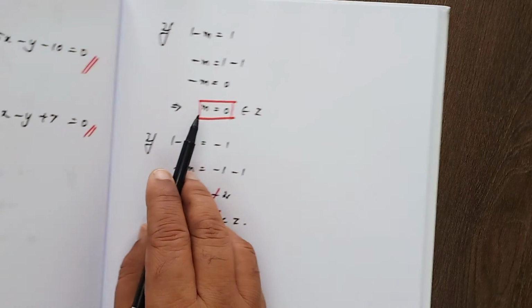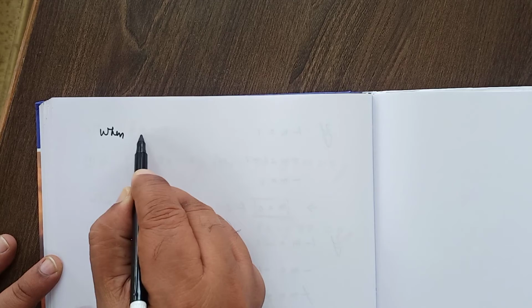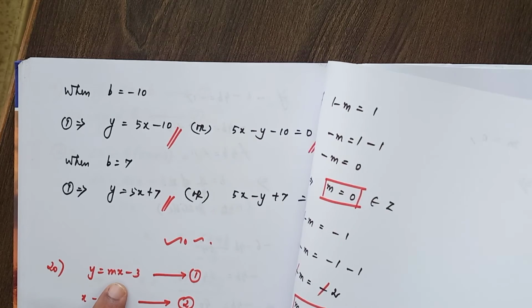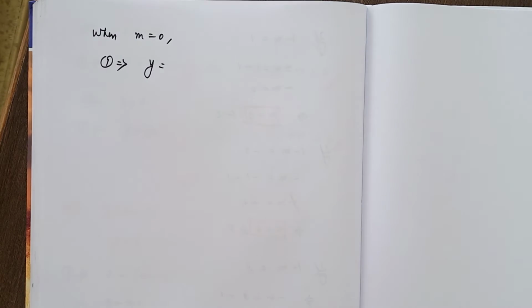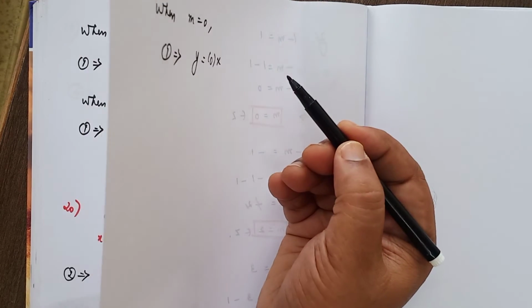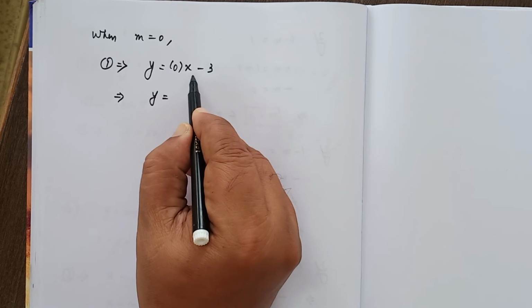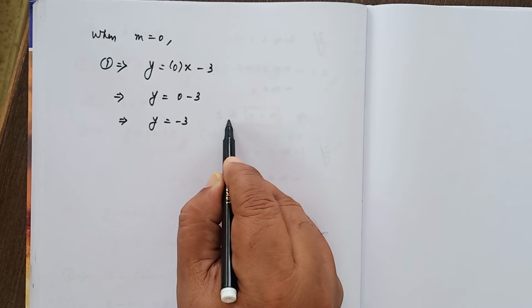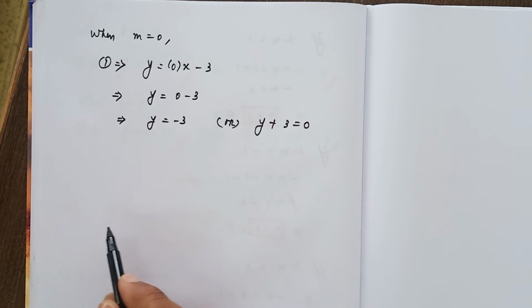When m = 0, equation 1 implies y = mx - 3, y = 0 times x - 3, which implies y = 0 into anything is 0, minus 3, so y = -3, or we can write y + 3 = 0.